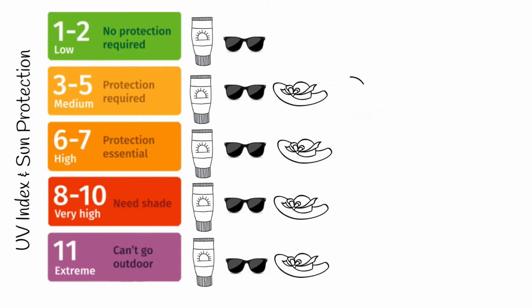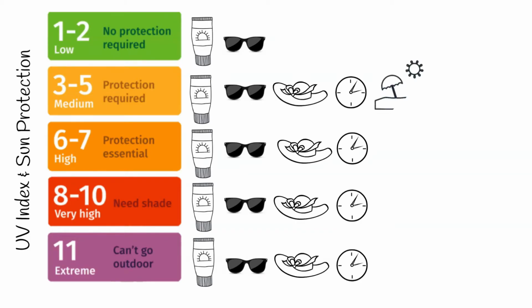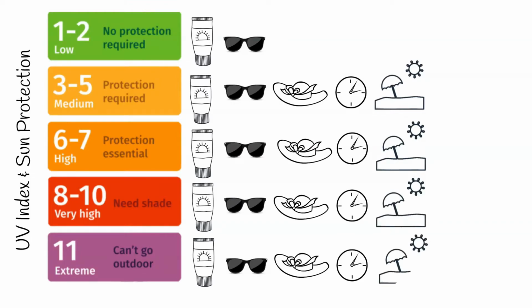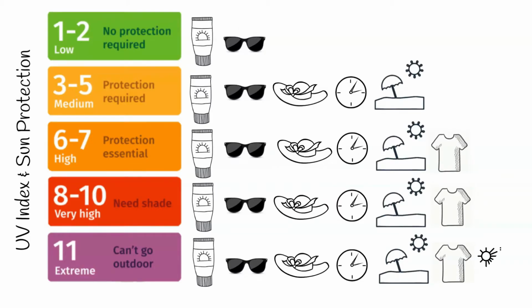When UV index categories are between medium and extreme, we are required to put on a broad hat, stay indoors during UV peak hours, and seek shade. When UV categories are between high and extreme, we are required to put on UV protection shirts. Bearing in mind that UV index at 11 causes sunburn in less than 15 minutes.